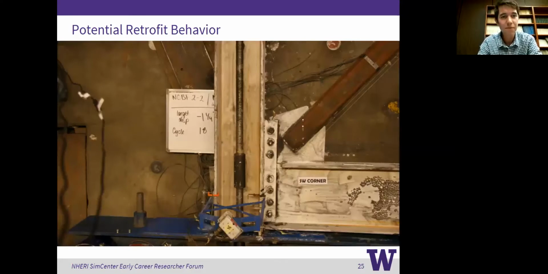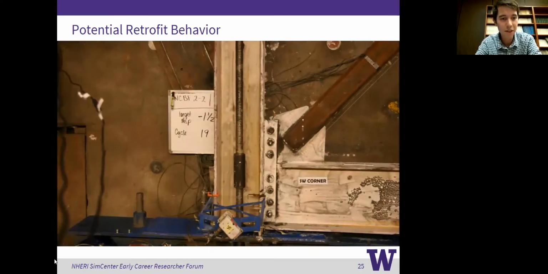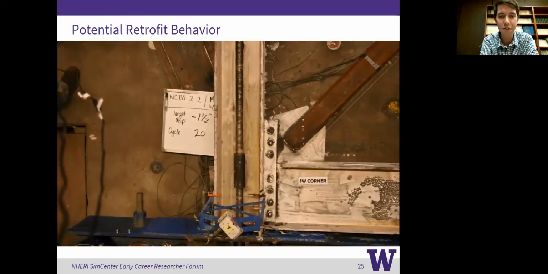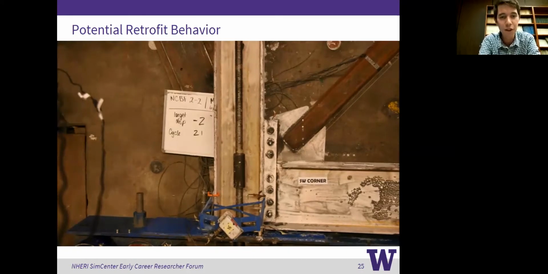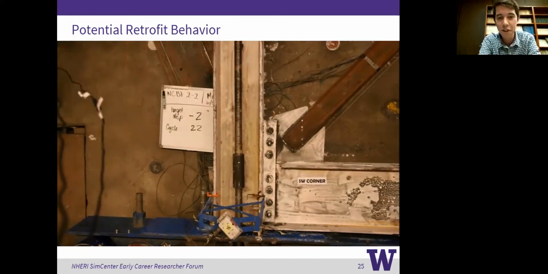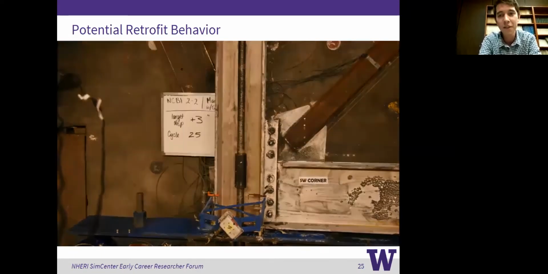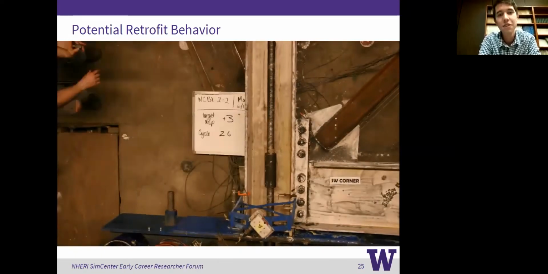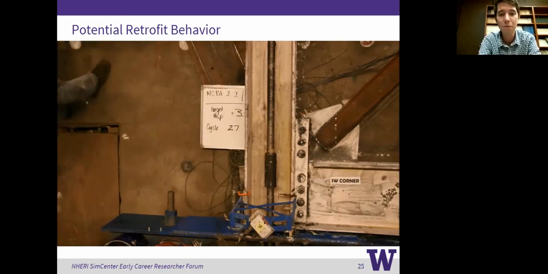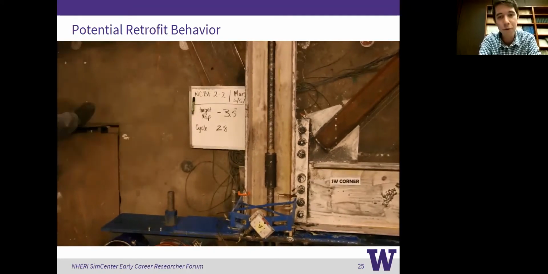I just want to show a video here, and hopefully it comes across well. It's a compilation of photographs, so it's not supposed to be smooth. But I think what you'll see is that the behavior of these NCBFs is really quite complicated, much more complicated than the SCBFs, and this is going to present some pretty significant modeling challenges as we move forward.